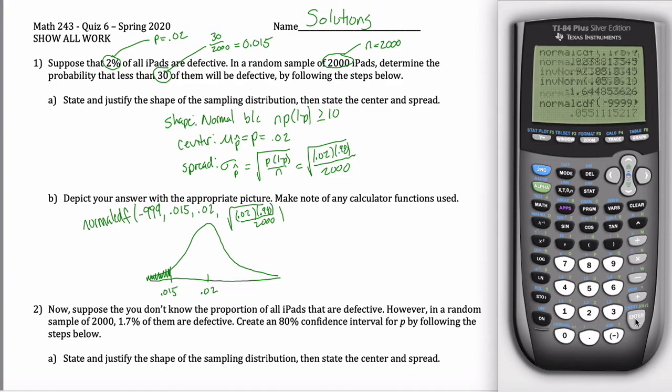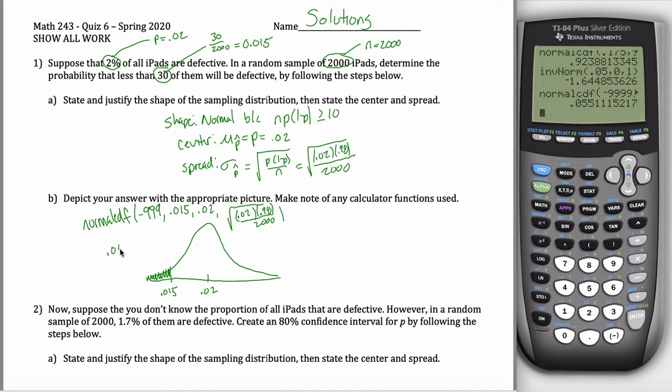And we'll see what comes out of there. Pretty small, 0.0551, I guess, or 5.51% if you're stating it as a percentage rounded to 2 decimal places. Guess I didn't ask you to this time, so either of these would be fine.